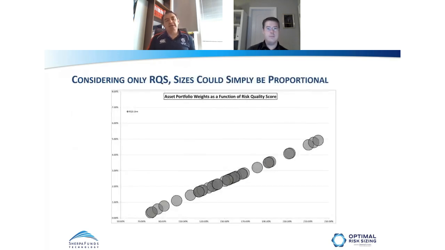So if you have the risk quality score for all your assets, and you do, because if you have a portfolio of 50 assets, you know how much you like each asset. That is part of your pre-portfolio building world, right? You know what that number is. So you know the EV, the expected value of each asset, what you're expecting to get out of it. And you can also say, what is the riskiness of the asset?